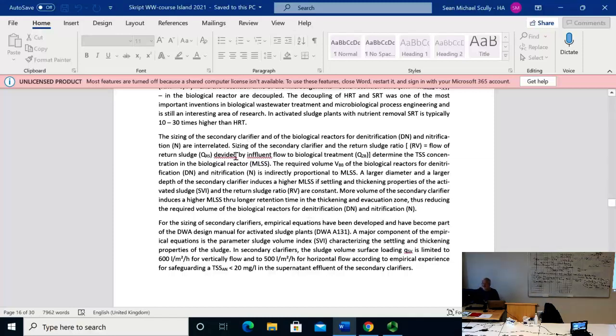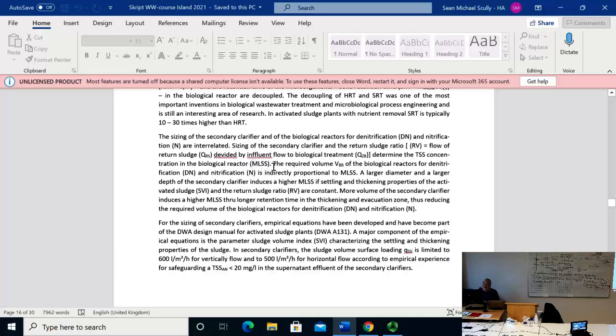Okay. The sizing of the secondary clarifier and the return sludge ratio, the flow of return sludge QSR divided by the inflow to the biological treatment, QZB, this is the RV, which you calculate, determines the TSS concentration in the biological reactor.